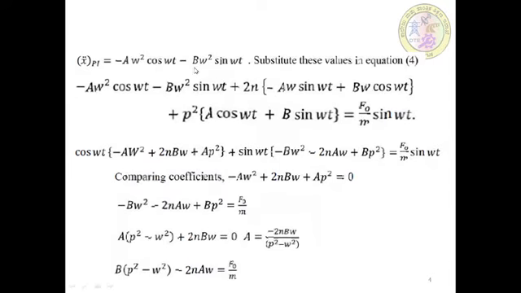You can substitute in the earlier equation number 4, along with the forcing function sine of omega t, and simplify. Then you compare the coefficients: the cos part is put equal to 0, and similarly the sine part is put equal to f divided by m.